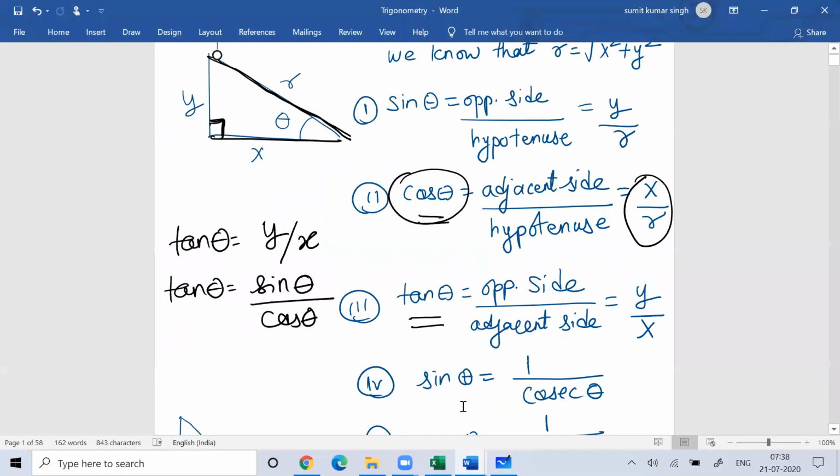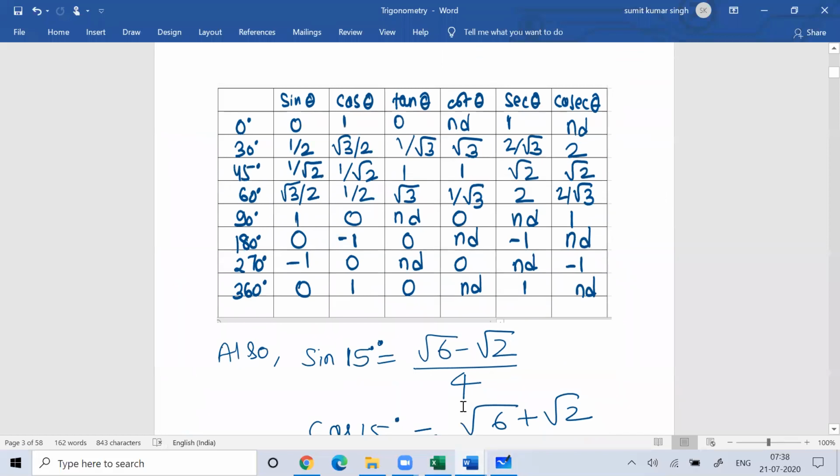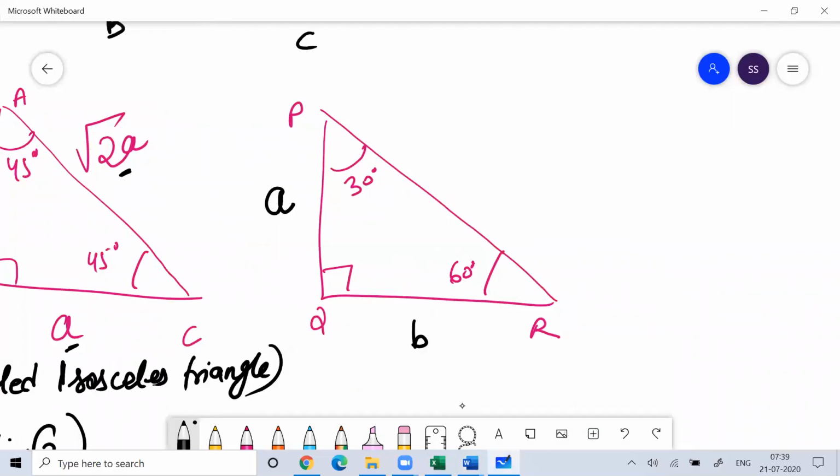I remember, tan 30 degree is 1 by root 3, and tan 60 degree is root 3. So this we can keep in mind, that tan 30 degree is 1 by root 3 and tan 60 degree is root 3.